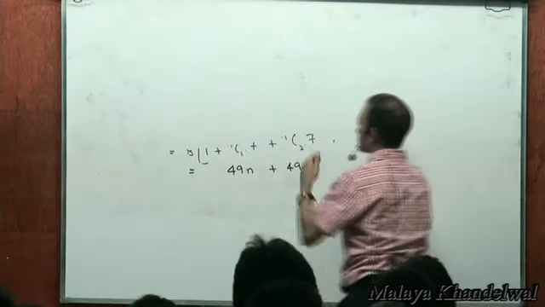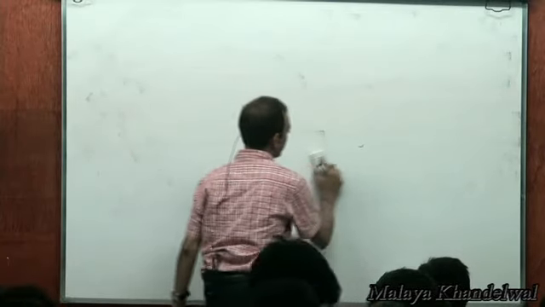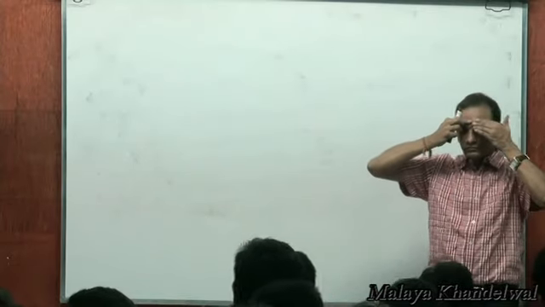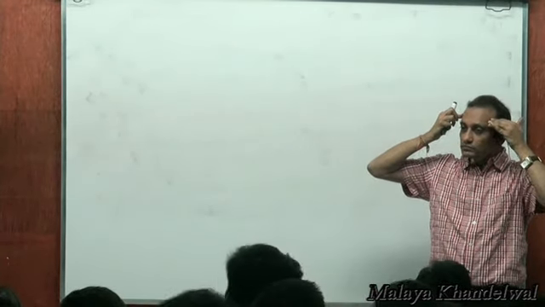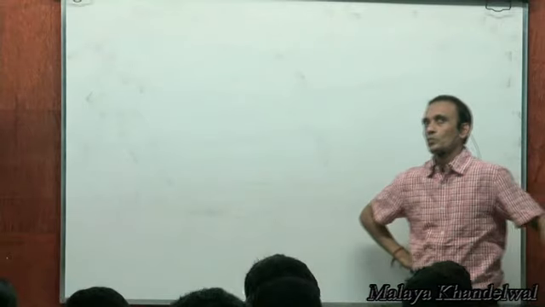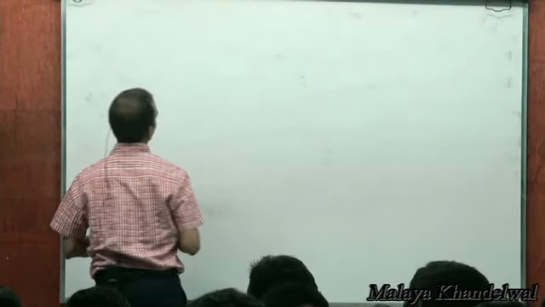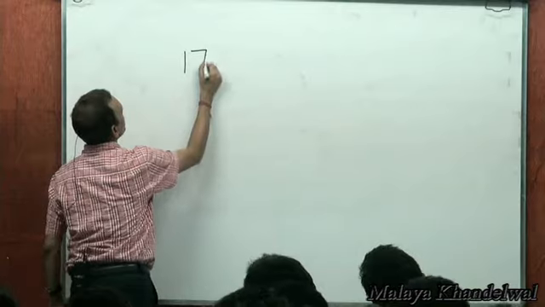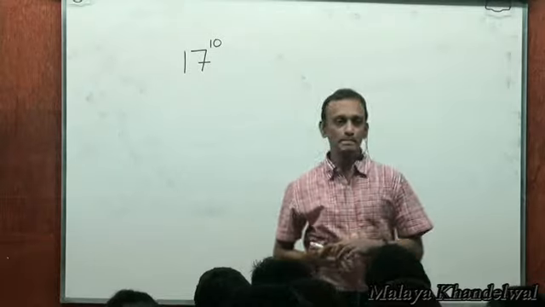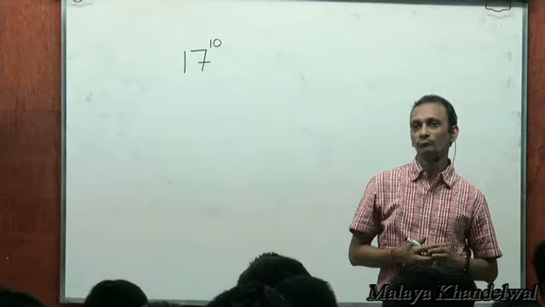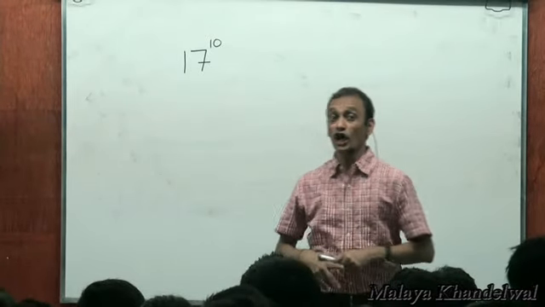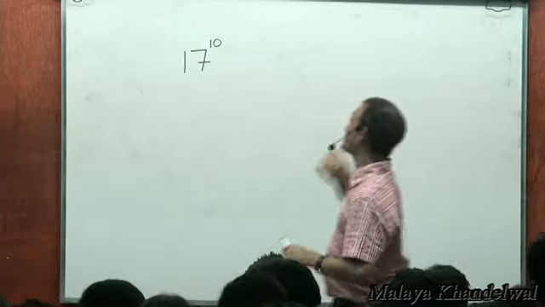Suppose I have 17 to the power 10, and I want to find the last 2 digits of this, and the last 3 digits of this.